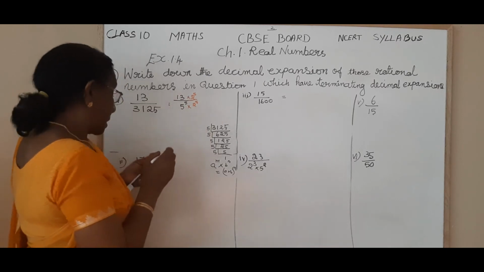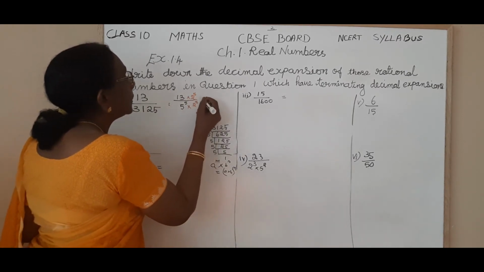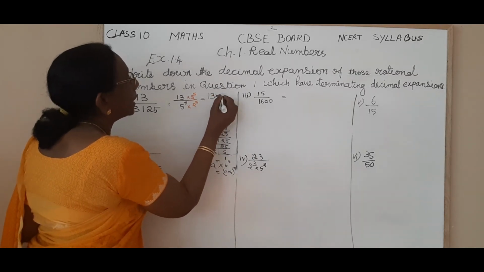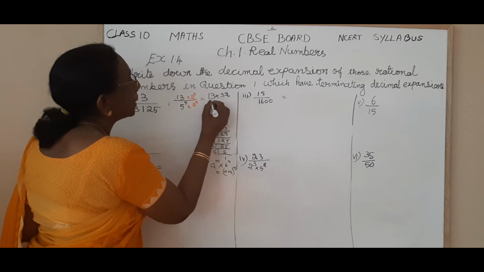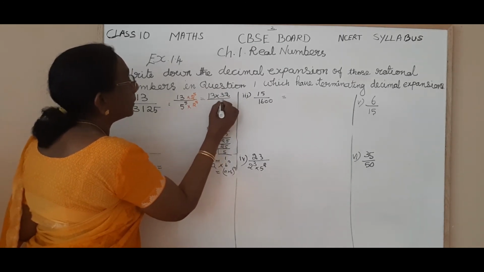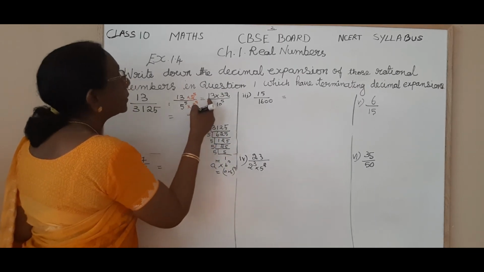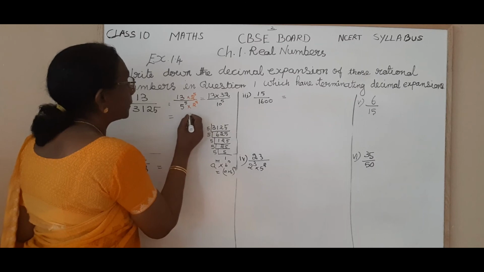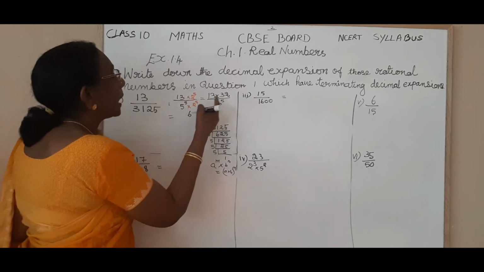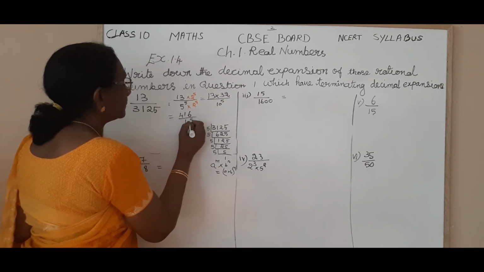Next, we'll simplify this. 2 to the power 5 is 32. 5 2s are 10 to the power 5. Now multiply by 13. What do we get? 13 2s are 26. 13 3s are 39. 39 plus 2, 41 by 10 to the power 5.